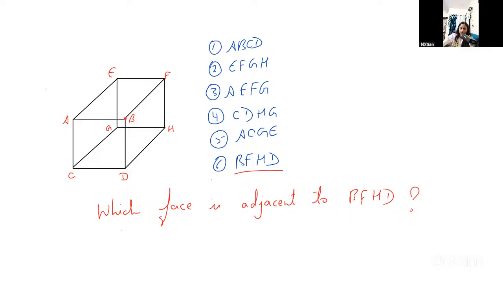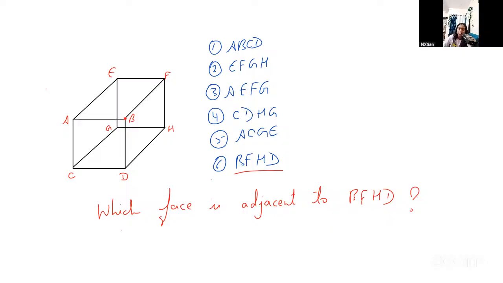With this one, either this one is close, or this one, or this one. This one and this one are far, but this one and this one are close. So it can be any of them. This is known as adjacent.